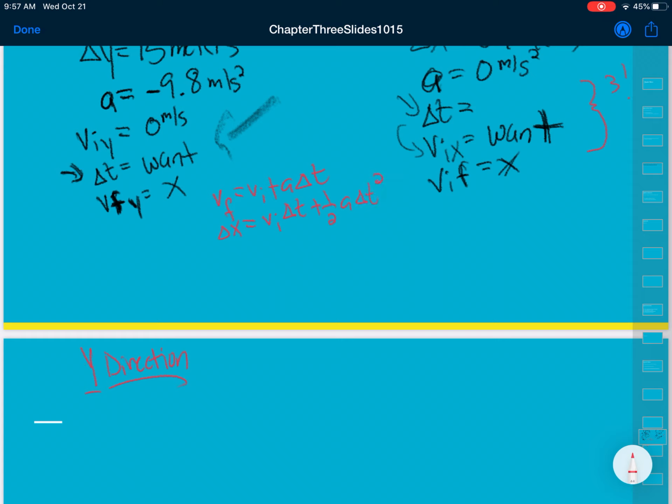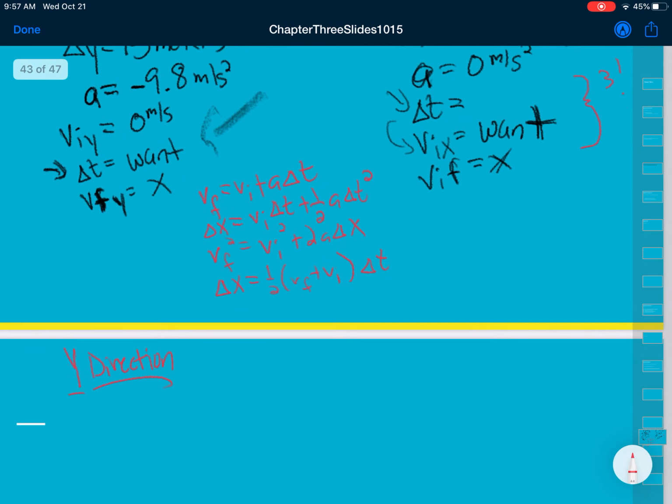Number 3 is VF squared equals VI squared plus 2A delta X. And then the last one is delta X equals 1/2 (VF plus VI) delta T. Okay, so there are our 4 motion equations. You do not need to memorize those, obviously. Those are a little lengthy, but there they are for you.